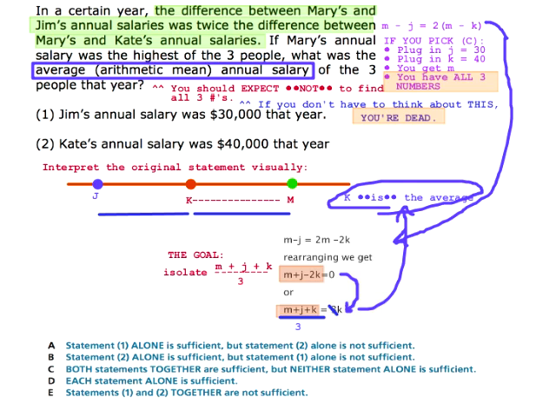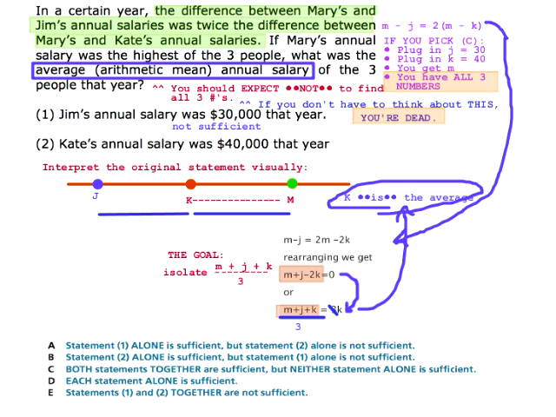Okay, let's talk about testing cases. That is definitely a thing that you can do. You just have to know how to do it. I think I see where the problem is, but first of all, everybody follow this algebraic approach. Once you find out that K is the average, Jim's not going to tell you this, because we know that K is more than 30,000, but it could be anything, right?